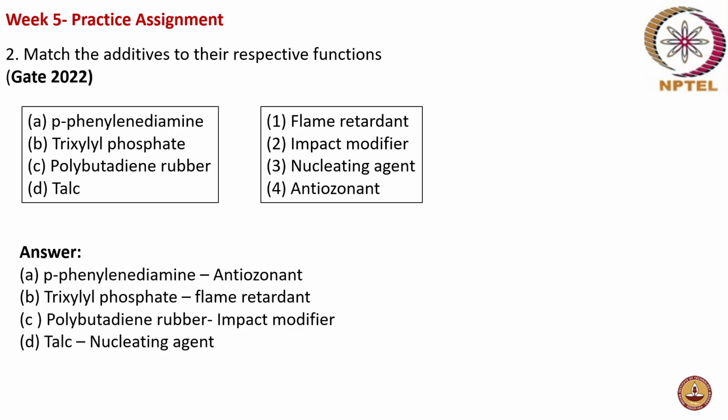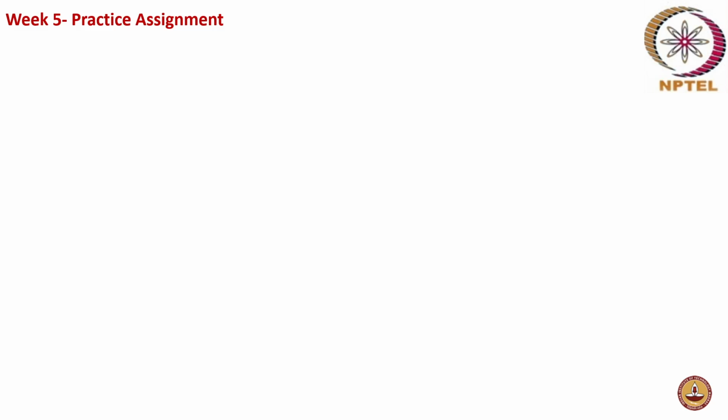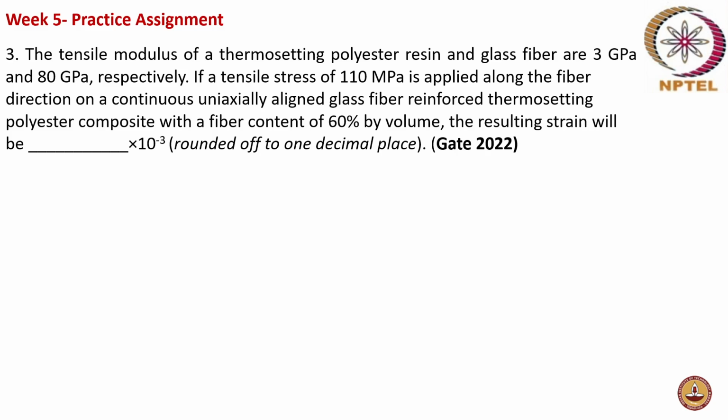Are you all clear? We'll go to the next question. Now, the tensile modulus of a thermosetting polyester resin and glass fiber are 3 gigapascal and 80 gigapascal respectively.